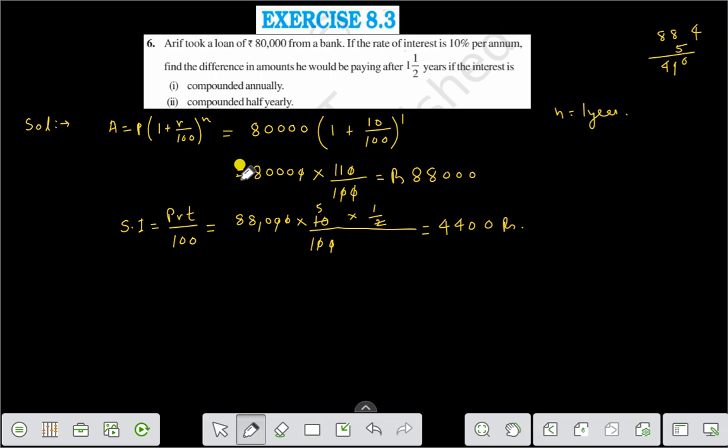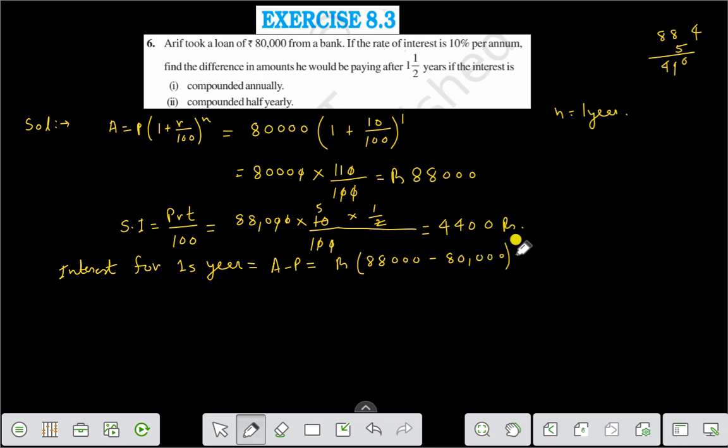Then we will find the interest here. Interest for the first year is equal to amount minus principal. Amount is rupees 88,000 minus principal 80,000.